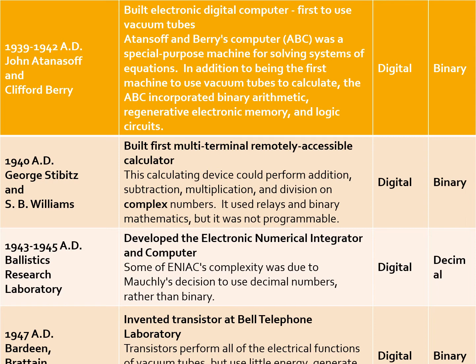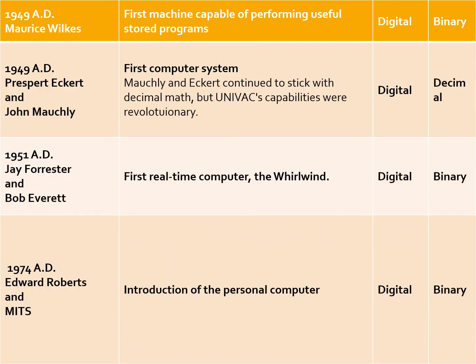In 1939, we have a digital computer being built. 1940, the first multi-terminal remotely accessible calculator. 1943 to 45, we have ENIAC, the Electronic Numerical Integrator and Computer, developed by the Ballistics Research Lab. Then in 1947, the transistor was invented. As we move forward, in 1951 the first real-time computer, and then in 1974 the introduction of the personal computer.